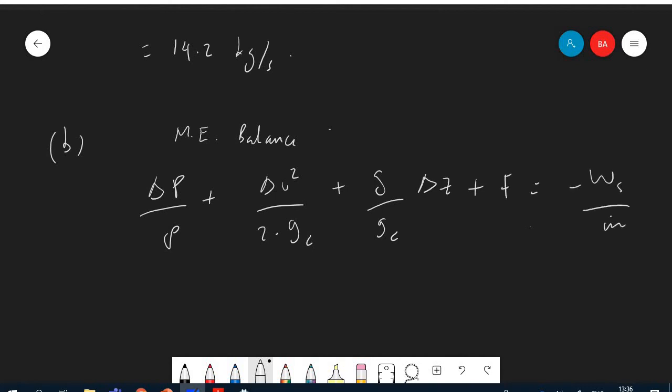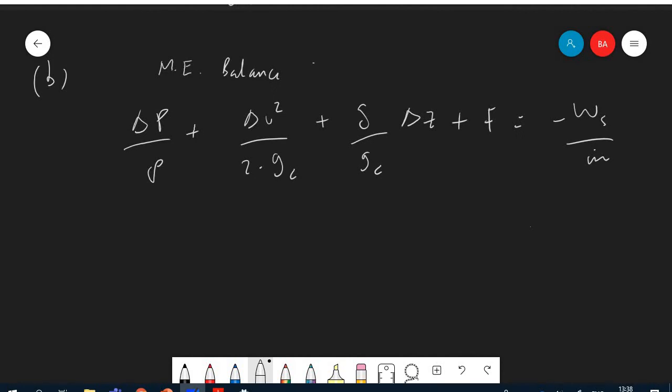I thought I forgot one term here, but I think everything is correct. So what do I have here? I have a horizontal pipe, so delta z is equal to 0. What else do I have?